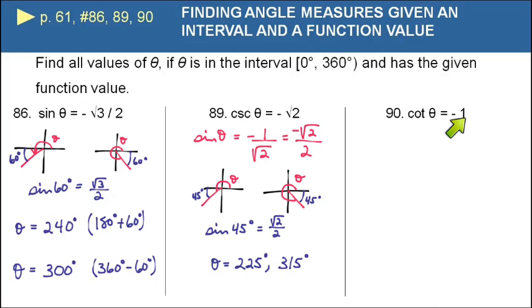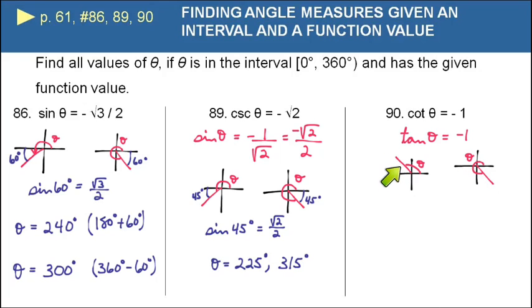And then let's do number 90. Cotangent of theta equals negative 1. Well, if cotangent is negative 1, then the reciprocal of that means tangent is also negative 1. And so what two quadrants could I have negative tangent? I could have a negative tangent in quadrant 2, and I could have a negative tangent in quadrant 4.